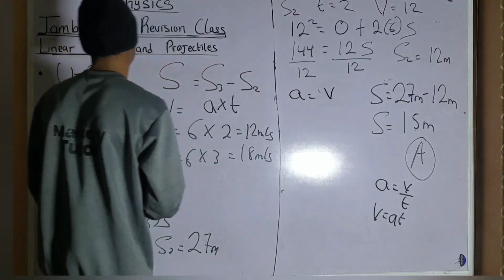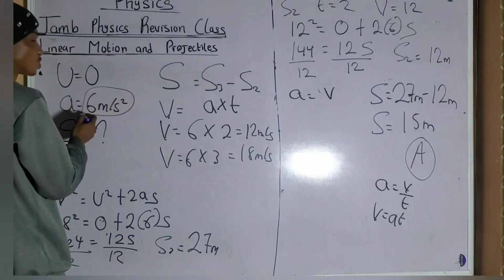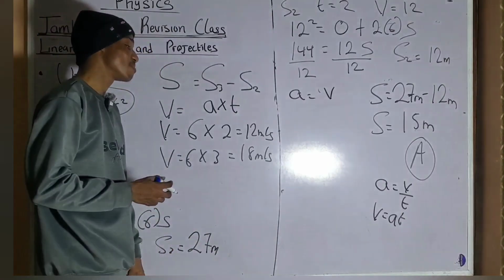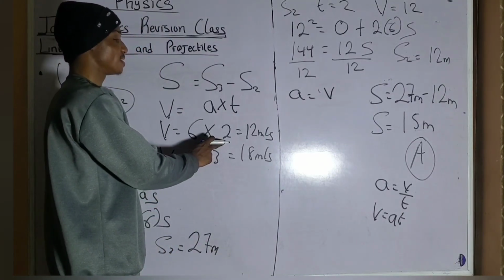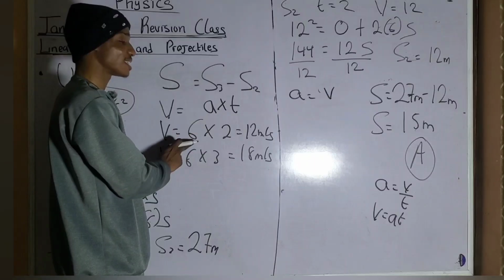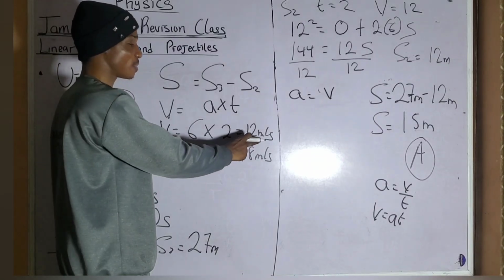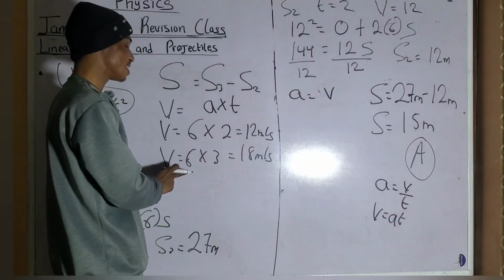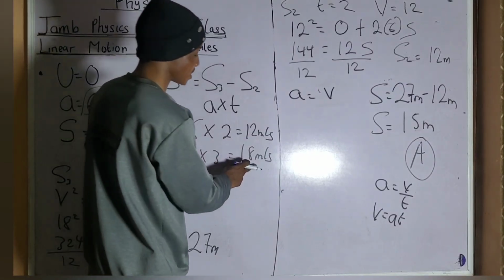Now, acceleration is 6 meters per second squared, but the time changes. You understand? When the time is 2 seconds, the velocity will be what? Acceleration times 2 seconds. That is 12 meters per second. When the time is 3 seconds, the velocity will be 6 times 3. That is 18 meters per second. Okay.